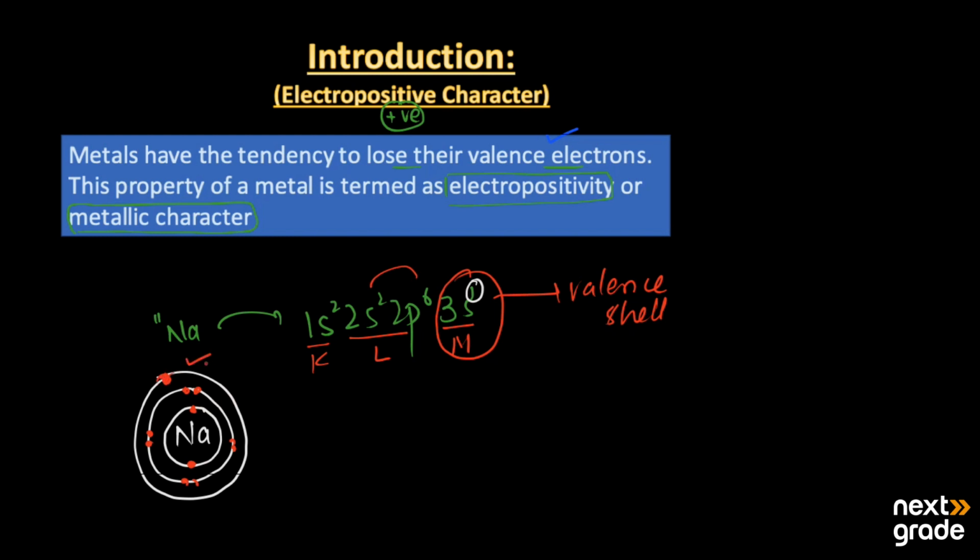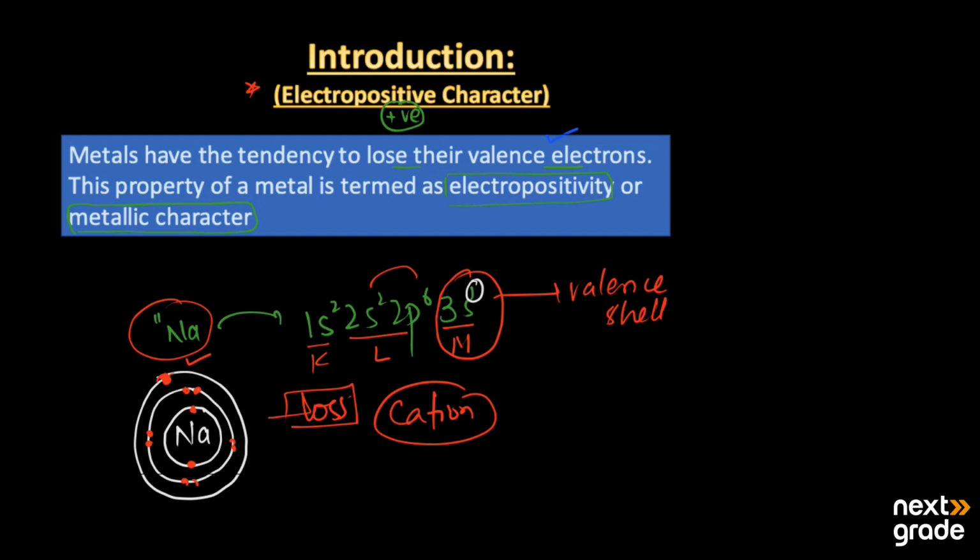This 1 electron present in the valence shell of sodium can be lost, and by losing it, sodium forms a cation. This formation of a cation by the loss of electrons is known as the electropositive character or the metallic character of metals.